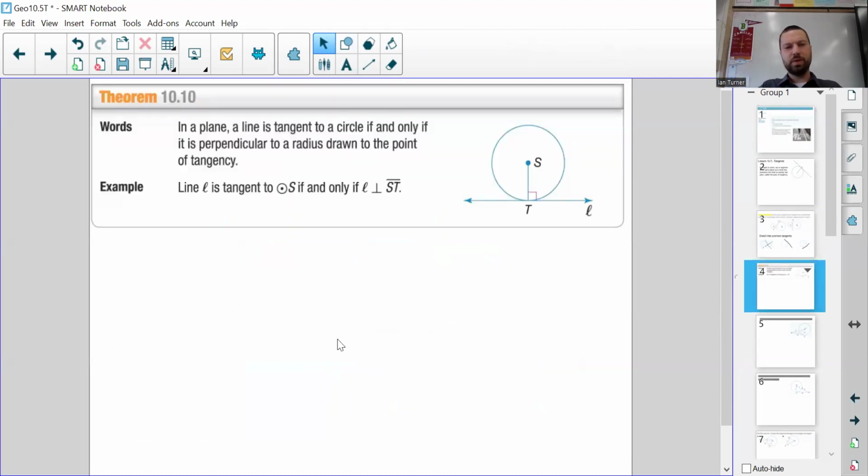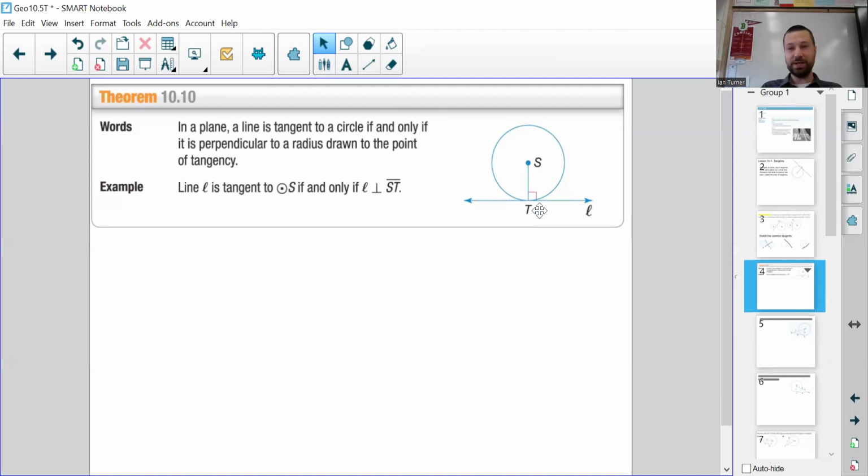Here we go. Theorem number 1 for this section. In a plane, a line is tangent to a circle if and only if it is perpendicular to a radius drawn to the point of tangency, okay? So it's an if and only if. Remember, this goes both ways.